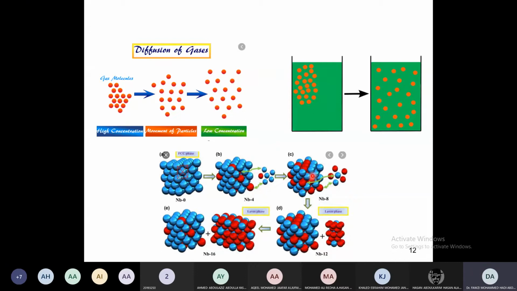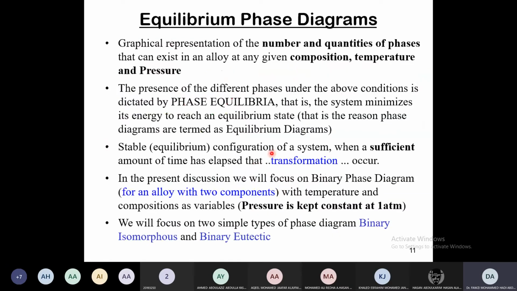So to start from there, if we know that is the case, now let us see why we call it equilibrium phase diagram. When we heat treat any material, if we heat it up, let's say to 800 degrees centigrade, and then we cool it down, the transformation in the material takes time, as we said, because it is a solid.